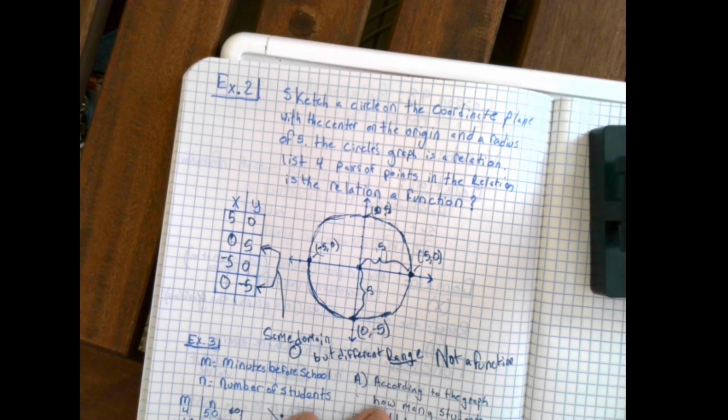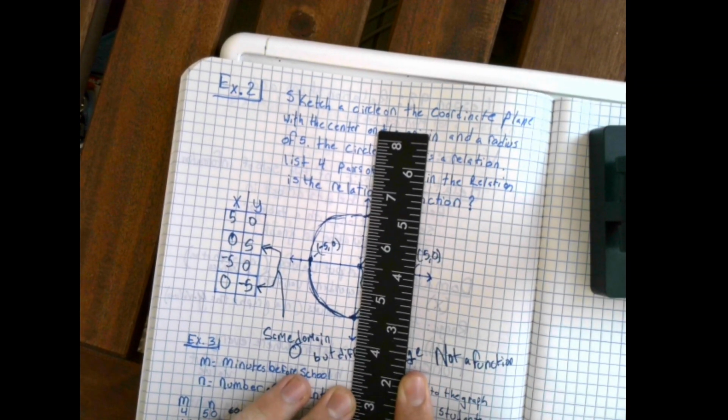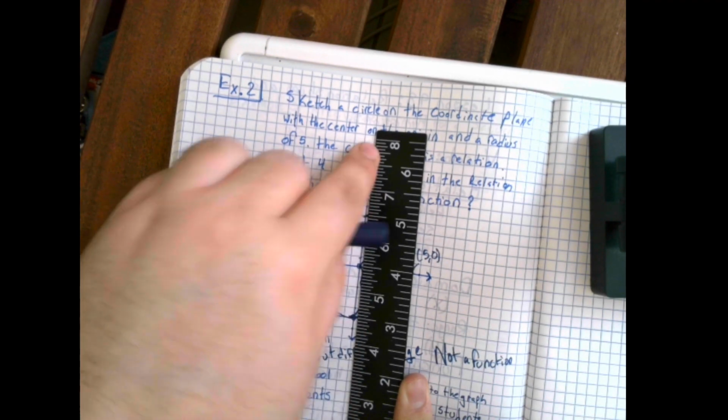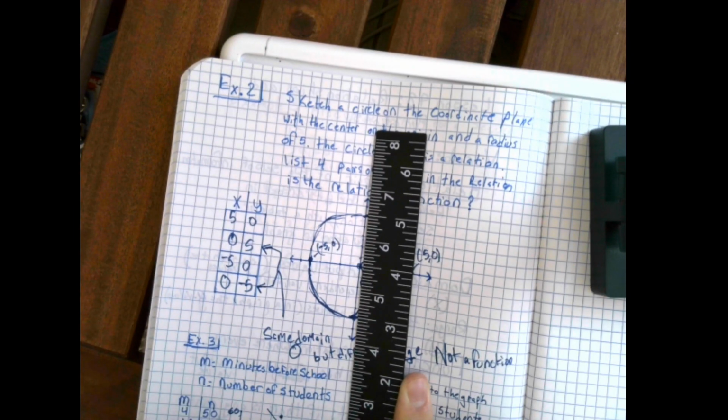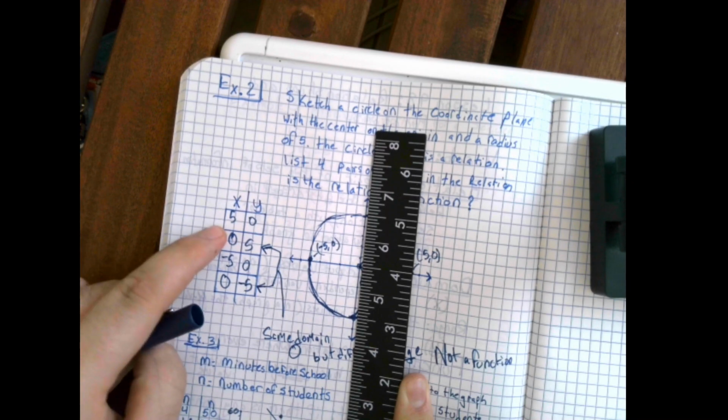And if I grab my straight edge, if we go to those 2 points, you can see that those 2 points are places where the relation would fail the vertical line test, because these 2 are on one vertical line. They're on one vertical line because they have the same input.